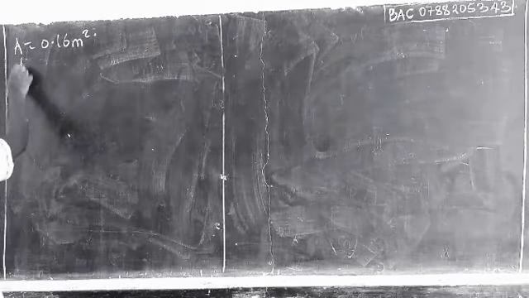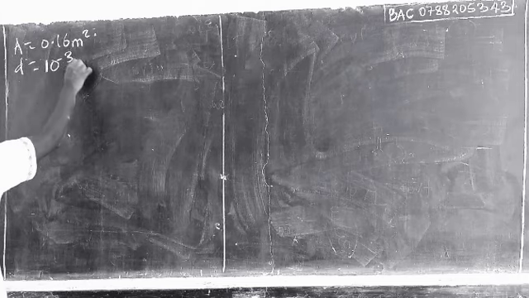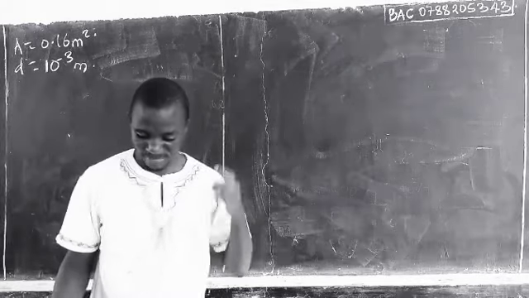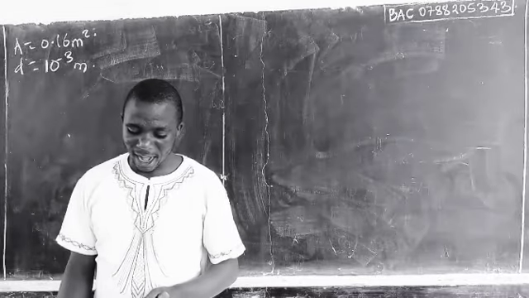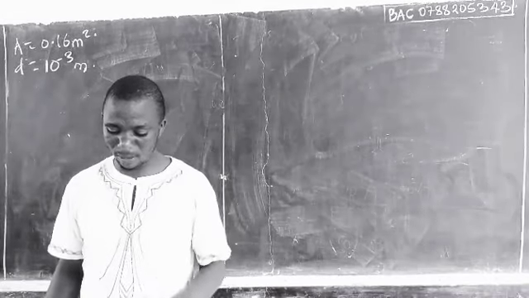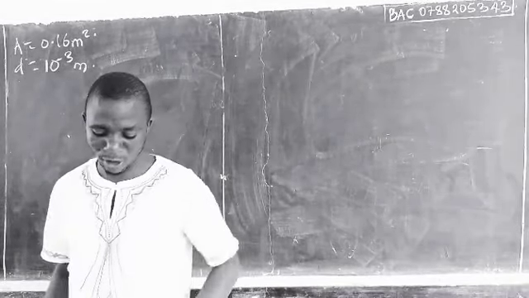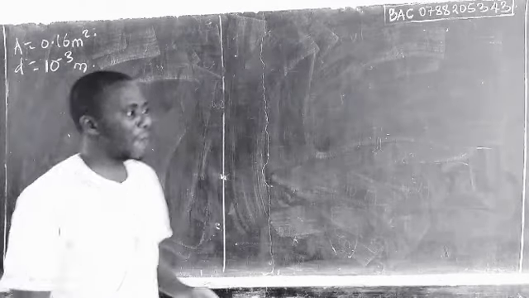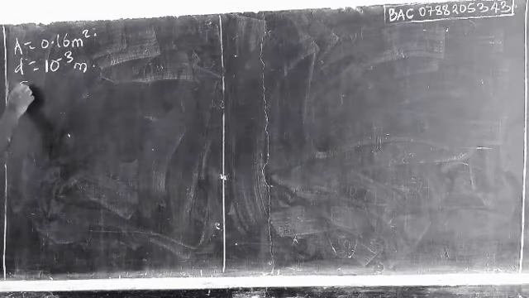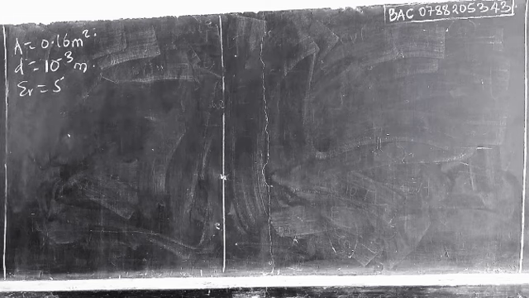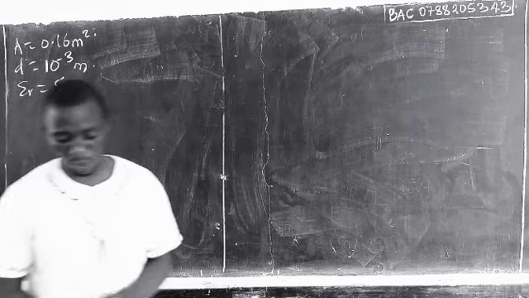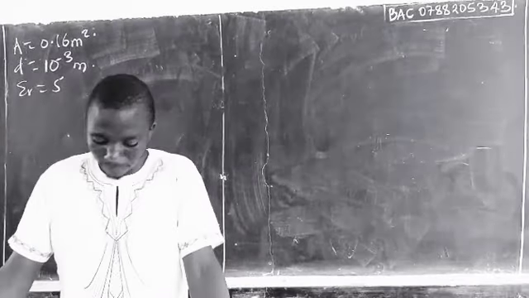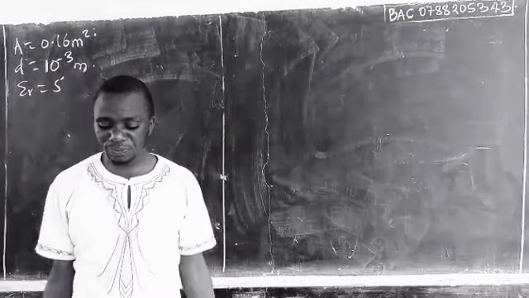That is D. And the space between them is filled with a medium of relative permittivity 5, full stop.